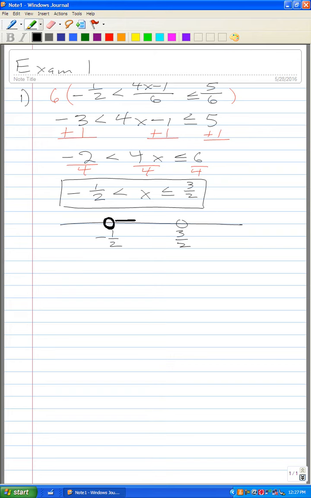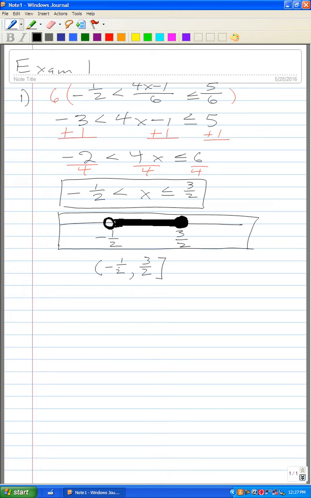I include everything in between, and I include positive 3/2. And that is your answer. Graph. And in interval notation, negative 1/2 to positive 3/2. I include 3/2, but not negative 1/2.